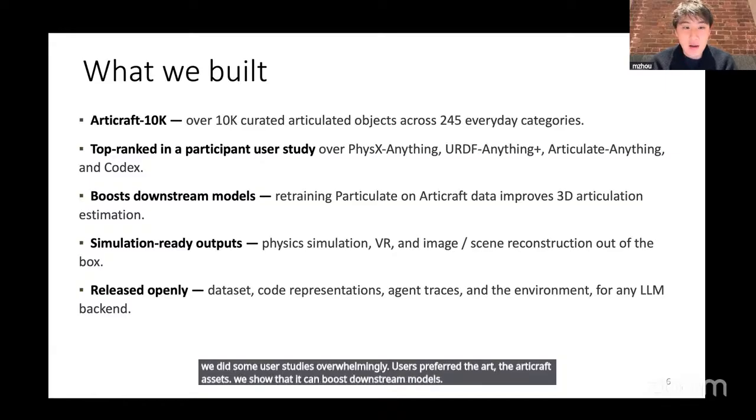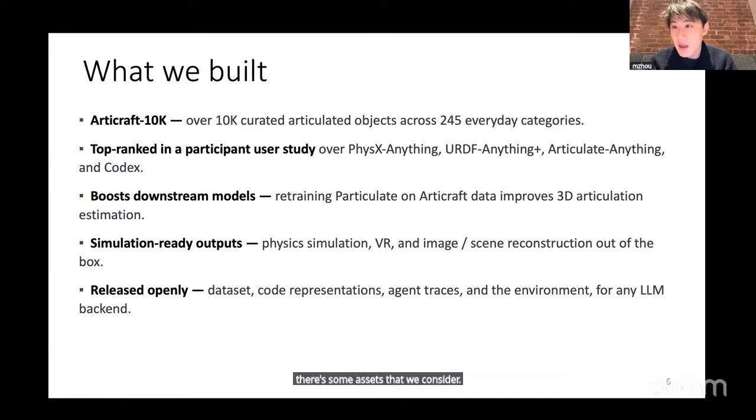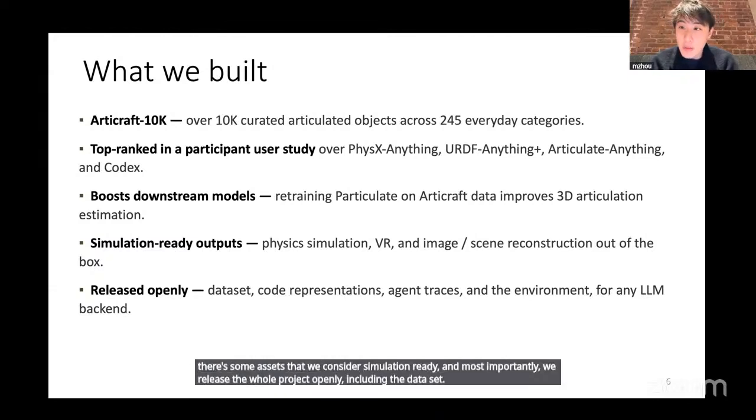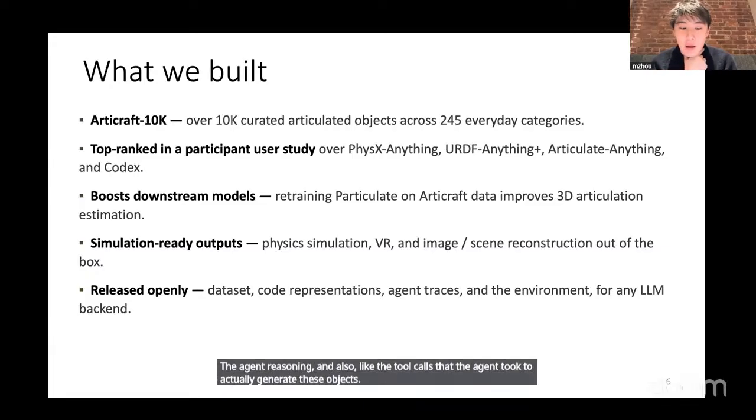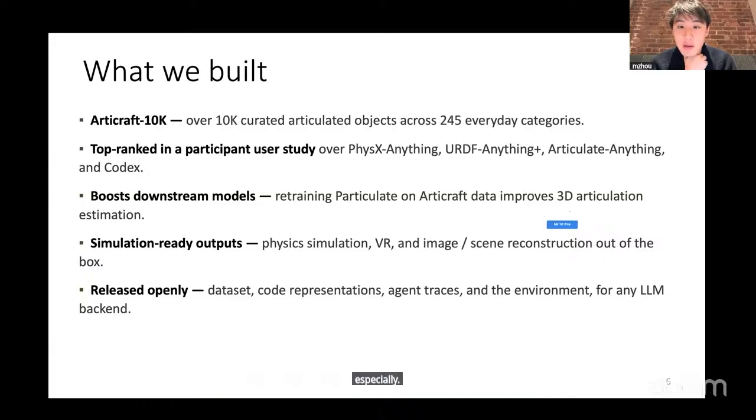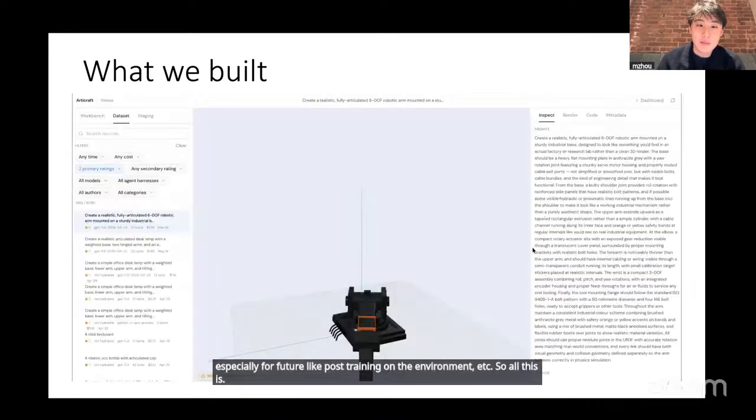There are some assets that we consider simulation ready. And most importantly, we released the whole project openly, including the dataset, the code representations for those objects, and agent traces. So we also released the agent reasoning and the tool calls that the agent took to actually generate these objects, especially for future post-training on the environment, etc. All this is available on GitHub.